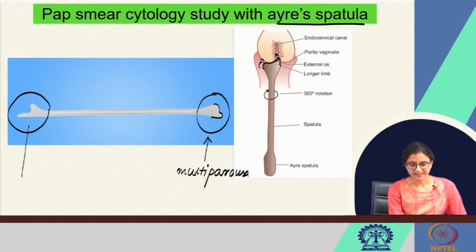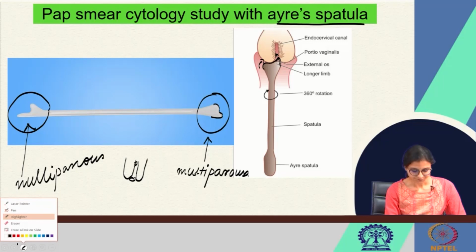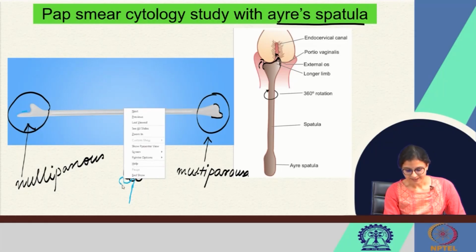Whereas this end is used in case of nulliparous women, where the external os is pinhole. That means it looks like this. This is pinhole. Here we will use this end, which goes inside the os, and this end remains outside.